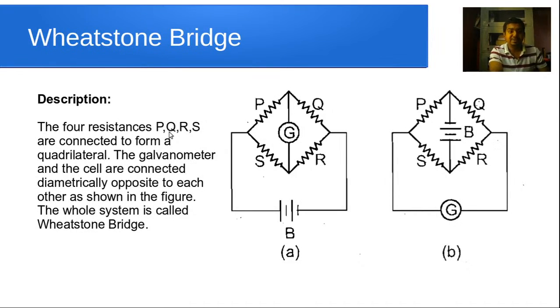So 4 resistances P, Q, R, S are connected to form a quadrilateral. The galvanometer and the cell are connected diametrically opposite to each other, as shown in the figure. The whole system is called Wheatstone Bridge. Clear? Okay.